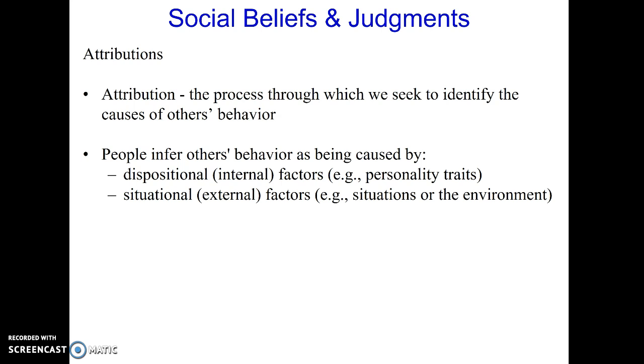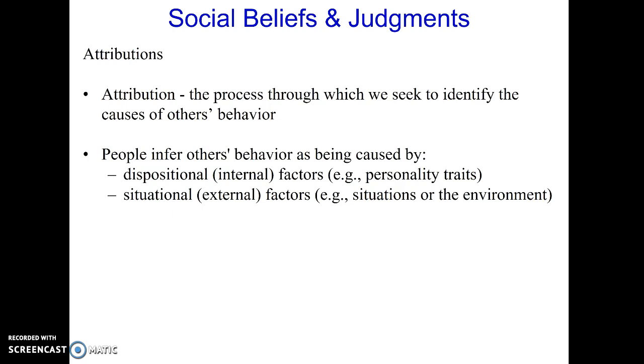So people can either make what's called dispositional attributions. These are attributions about the person, like the person is lazy. Or we can make situational attributions. So these are external. For example, the person's alarm clock didn't go off. It's not their fault, not the person. It's the fact that the alarm clock didn't go off. Or if it was the snowing example, they showed up late because it was snowing and they had to walk real slow.